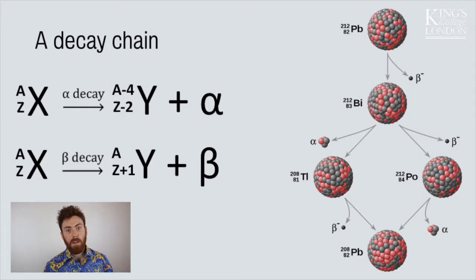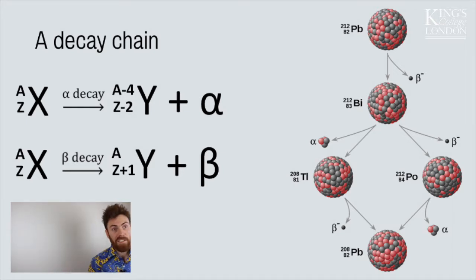So lead-212 undergoes a combination of alpha and beta radiation as a way of achieving a more stable final resting place, I suppose. Now, if you have a look at the chain, you can see this process underway. So this is quite a simple process. For some elements, there are many, many, many more steps that are represented here.